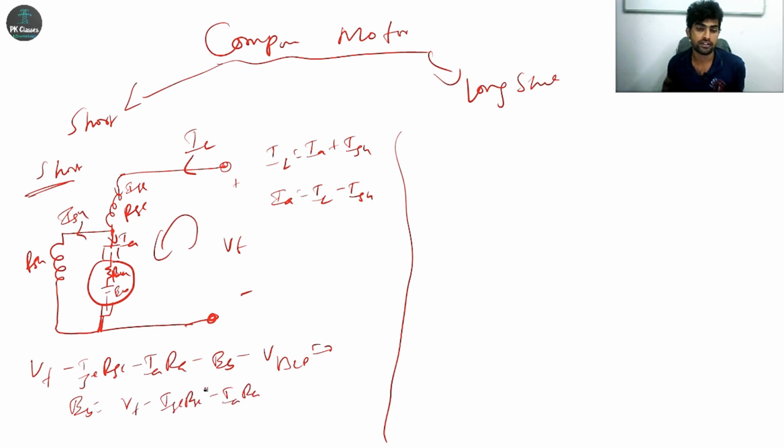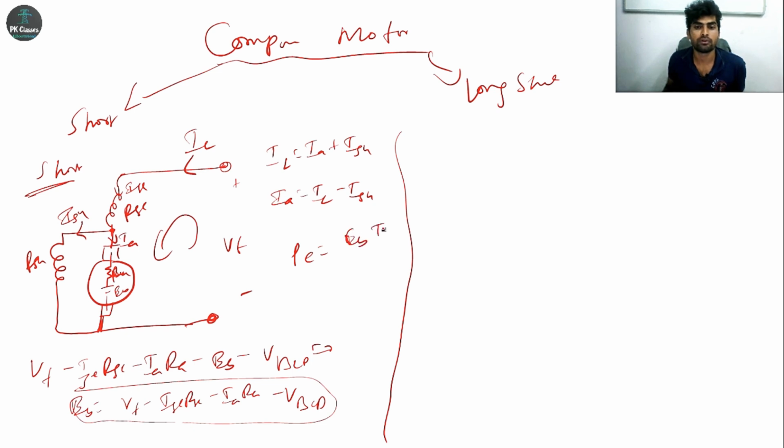For series motor, IA and ISC are the same, but here a junction is present, so they are not equal. So minus VBCD, right? And mechanical power output P is equal to EB into IA, right? PM is equal to T into omega.